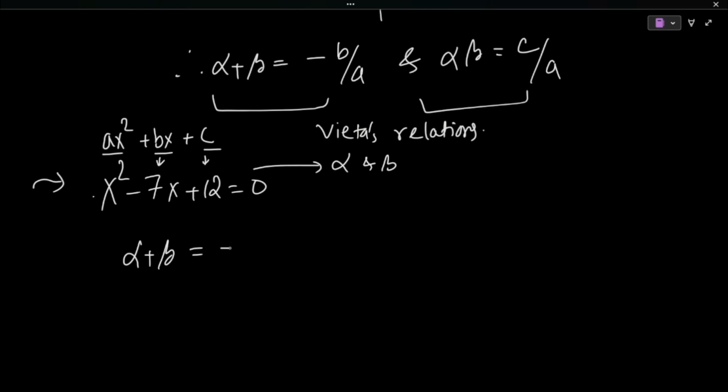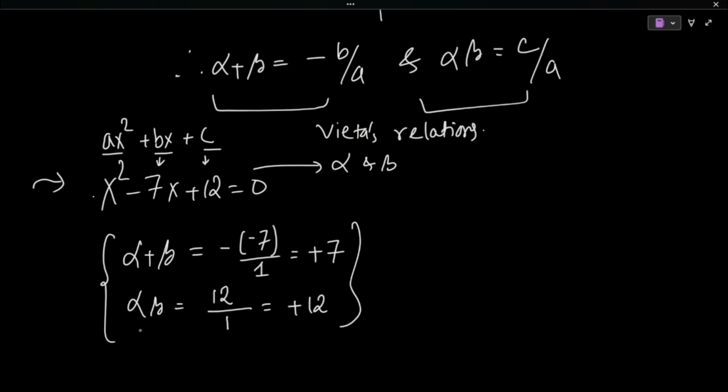So alpha plus beta is nothing but minus b by a, so minus of minus 7 by 1, and this gives you plus 7, right? Similarly, the product of the roots is going to be c, which is 12, divided by a, which is 1, and you get the value plus 12. And therefore, alpha plus beta is 7 and alpha into beta is 12.